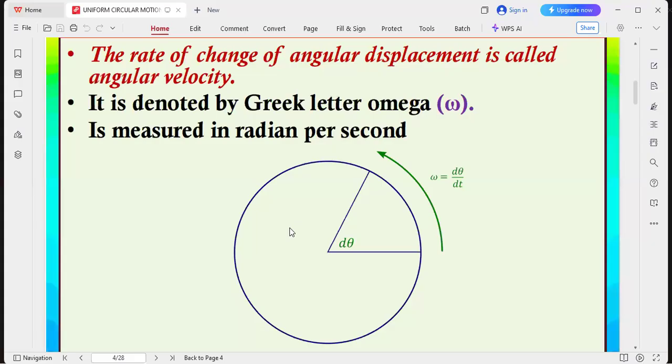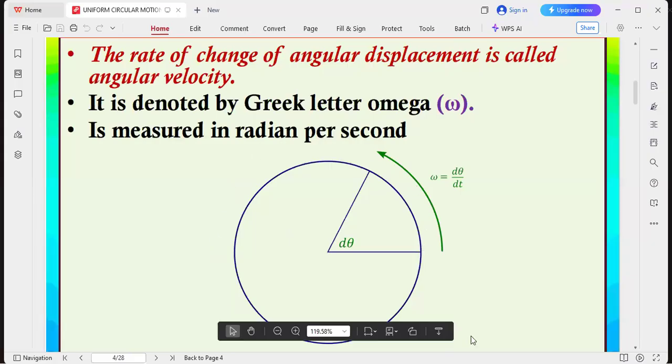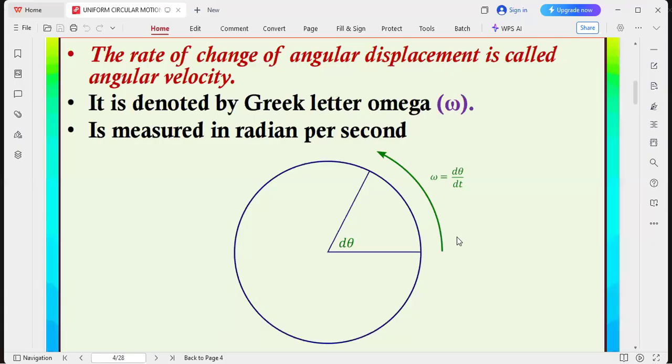Roman 2, let's look at another way of writing omega. We have just learned that when this particle describes a whole circle, let's say it starts from here, goes and comes back to the same point, then theta will be 2 pi. So omega equals 2 pi over time.